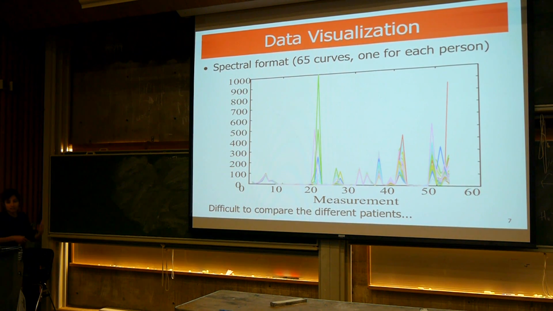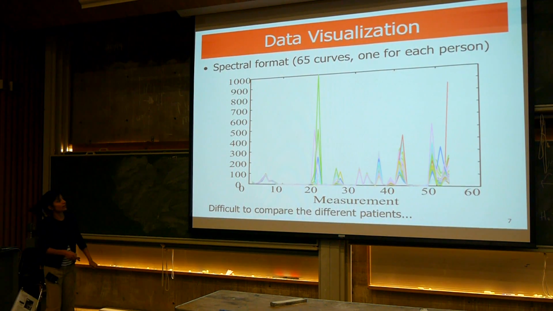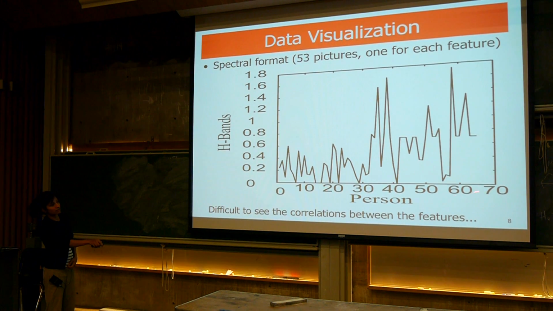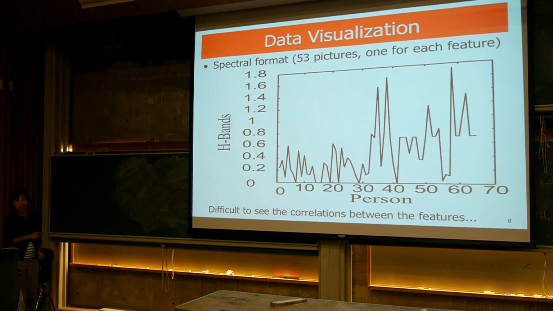You can represent for every feature how the different patients, here are the 60 or so patients, and how their values for each feature look. But now you're missing out on the correlation between the different features, right? So you can either look at the feature space or the person space in some sense. And once you have 53 such pictures or curves for each of the features, it's hard to make sense of that.